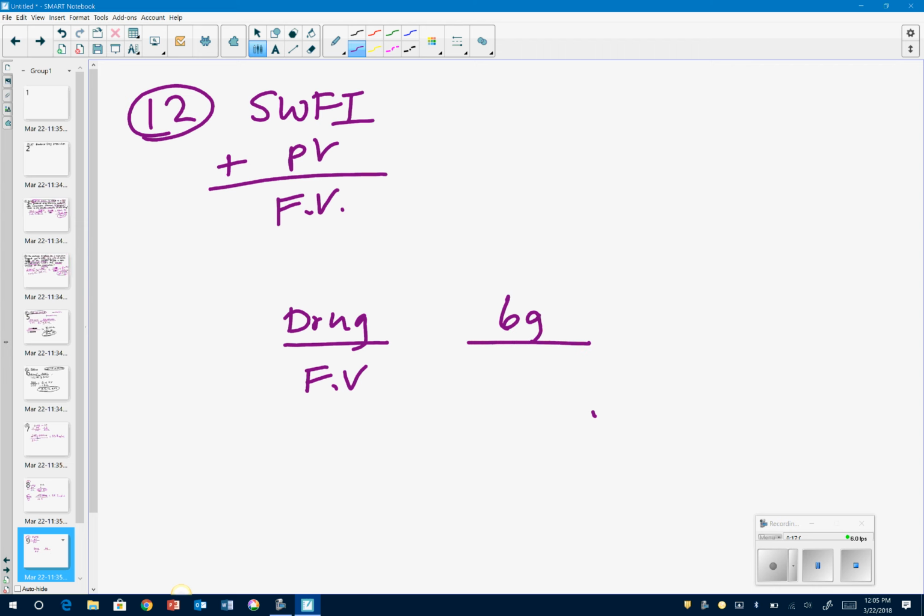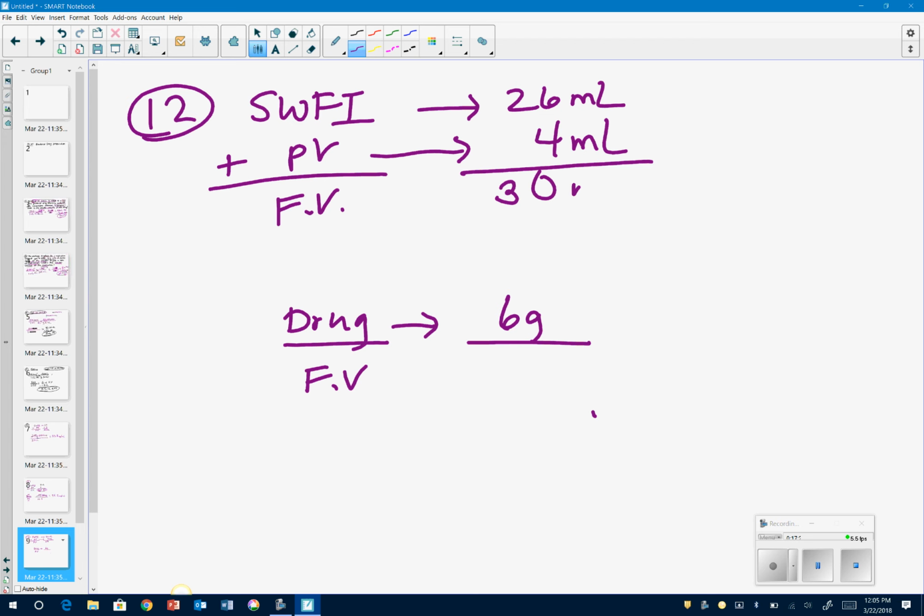It is reconstituted with 26 milliliters of your sterile water for injection. What will be the final concentration of the drug if the powder volume is 4 milliliters? So your powder volume will be 4 milliliters. Add those two together, you get 30 milliliters. So your final volume is 30 milliliters. And remember, this has to be milligrams.